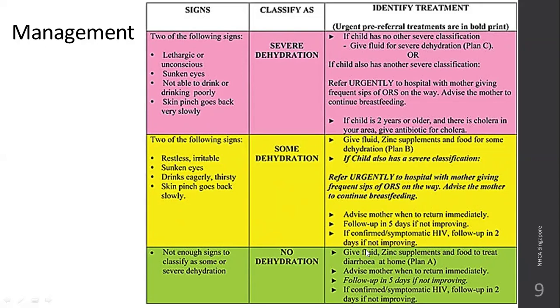Half to 1 glass of porridge, homemade ORS, or any homemade fluids like juices can be given. If the child shows signs and symptoms of diarrhea, immediately ask the parents to bring the child back to the hospital. So that is the oral rehydration therapy management in diarrhea. This is what we follow.